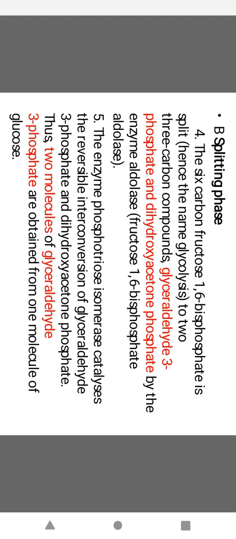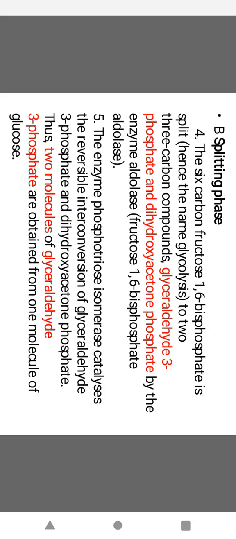Then fifth step, the enzyme phosphotriose isomerase catalyzes the interconversion of glyceraldehyde 3-phosphate and dihydroxyacetone phosphate. So there is interconversion between them. Glyceraldehyde 3-phosphate is converted into dihydroxyacetone phosphate, and dihydroxyacetone phosphate is converted into glyceraldehyde 3-phosphate.